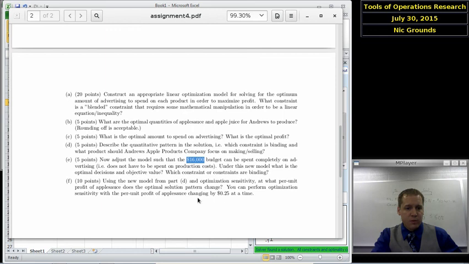You can perform the optimization changing a quarter at a time. So the steps between the values can be as big as a quarter. Tell me, with that resolution anyway, at what point does the per unit profit of applesauce cause us to make different decisions?